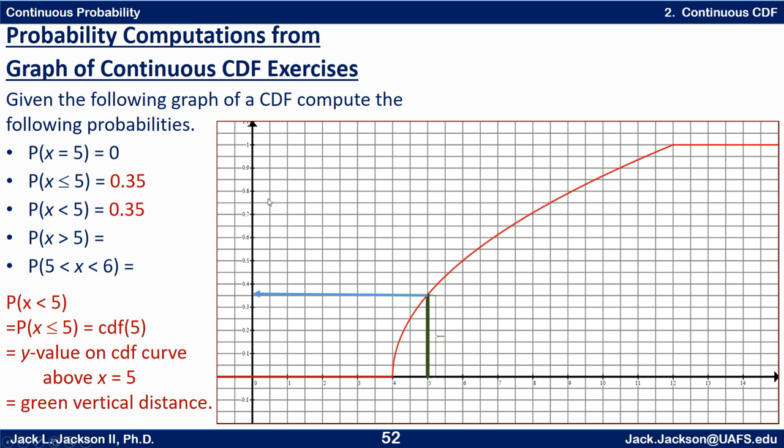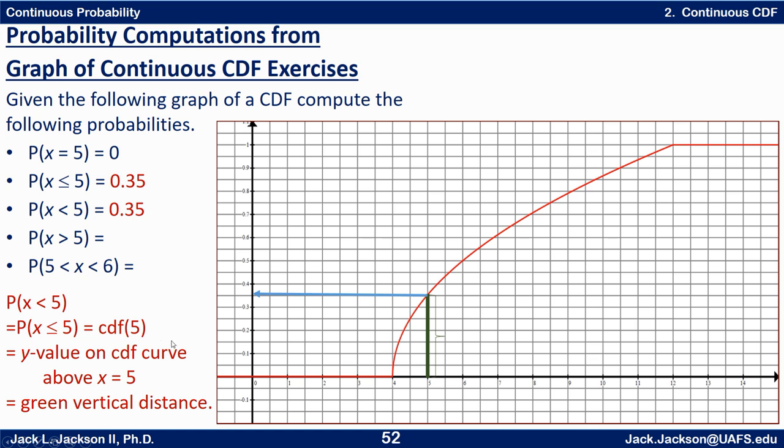So on the CDF, the y value is the cumulative probability. That is a left probability. It doesn't matter whether it's less than or equal to, or just less than. The equal to part doesn't matter because the probability that x equals 5 is actually 0. And you can see it as this vertical green distance here.